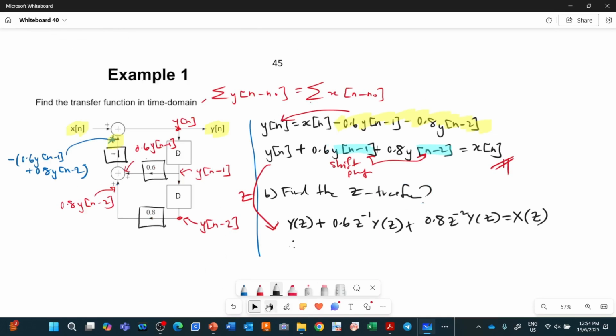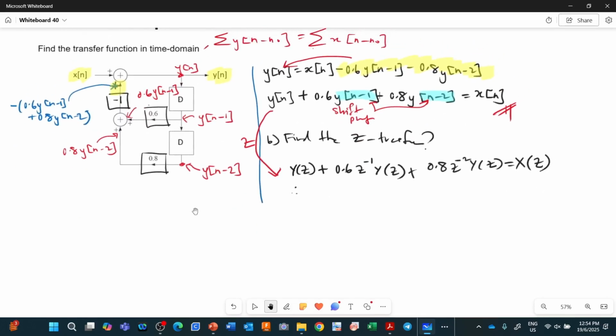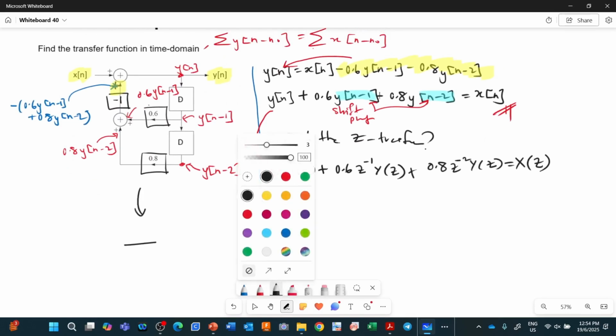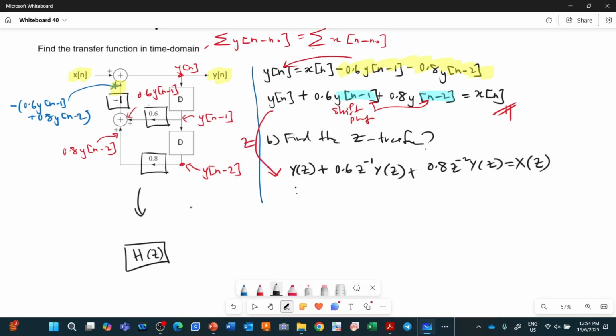Because this block diagram, if you simplify it, as you have learned in control, any block diagram you want to simplify, you want it to become H(z). In terms of Z transform, this is X(z), this is Y(z). Therefore, H(z) is equivalent to Y(z) over X(z).